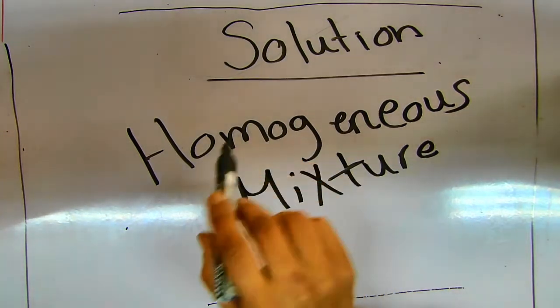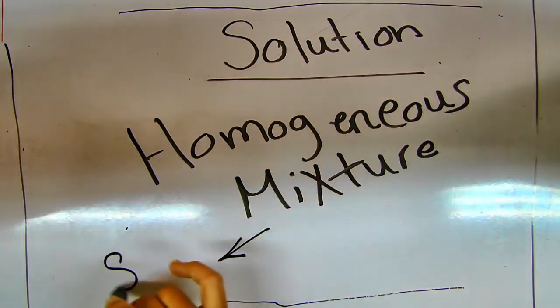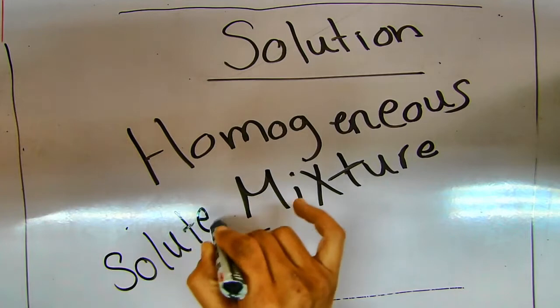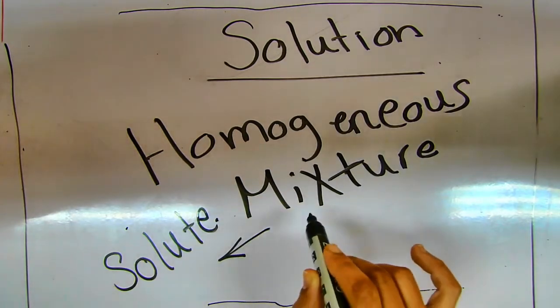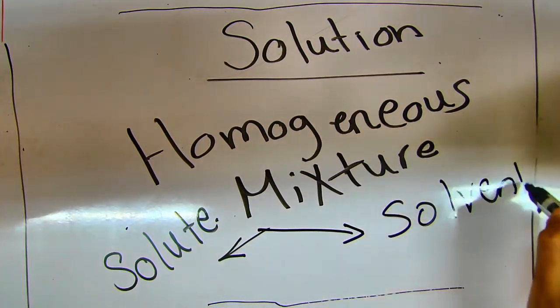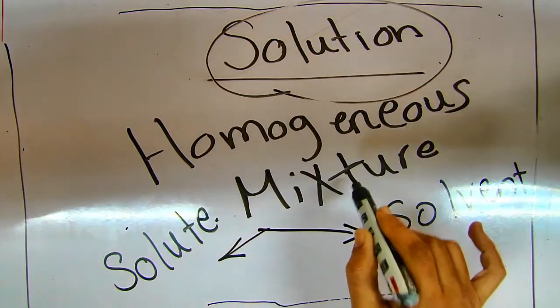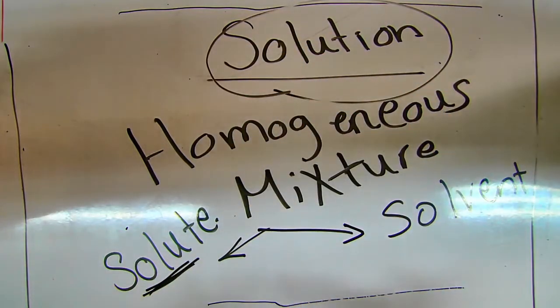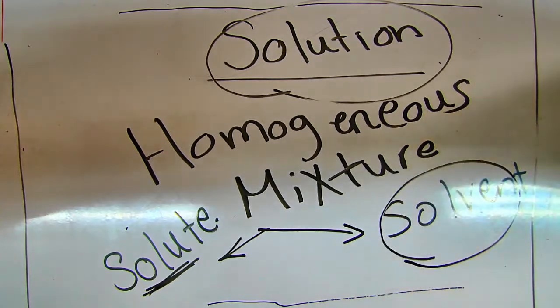So a solution is a homogeneous mixture in which the solid breaks down into the most basic particles that spread throughout the solvent. What is the solid and what is the solvent?